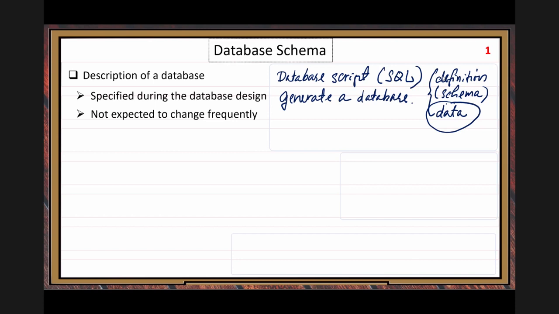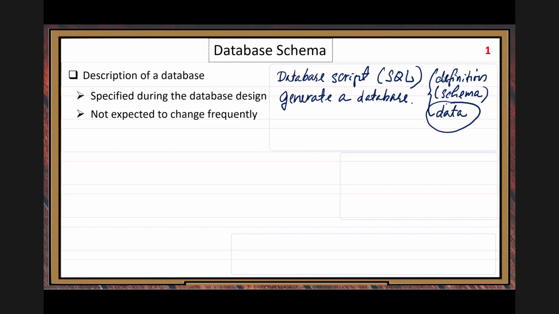So we need to experiment several ideas. At that time, we change our database structure frequently, but after several rounds of improvements, then it becomes more and more stable. So then we will not change much.